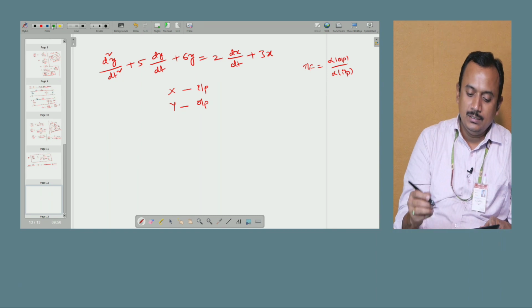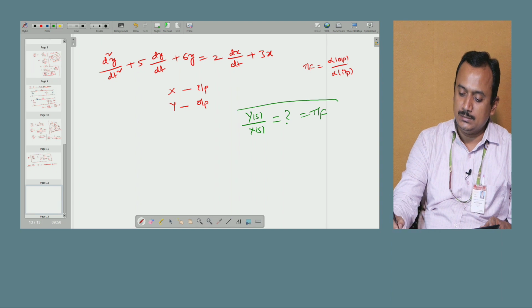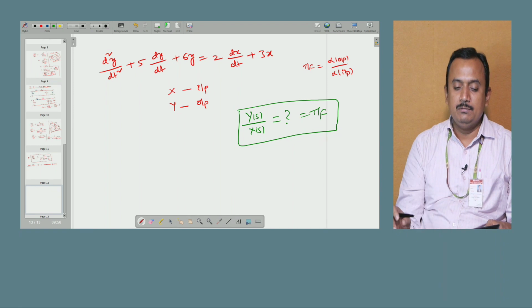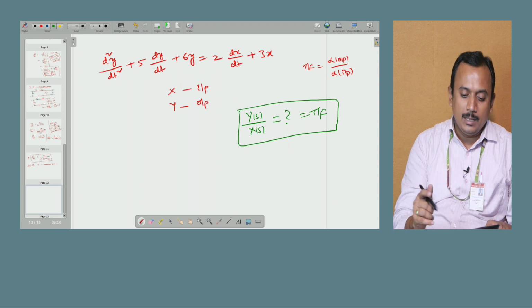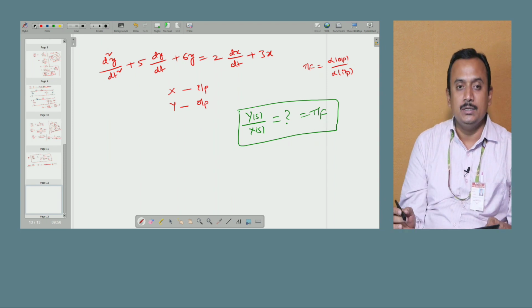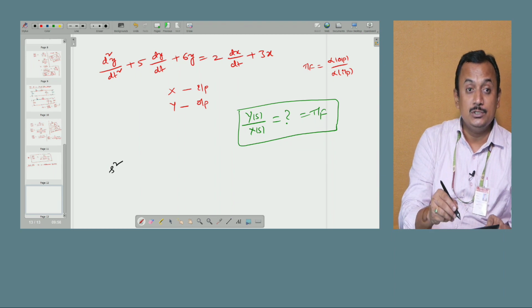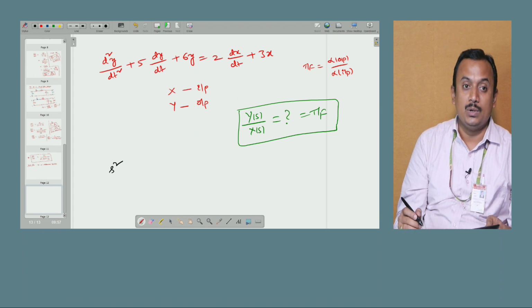Now finally what we need? We need the value, that is Y of s by X of s, how much? That is nothing but your transfer function. Since the given equation is in differential form, first let us apply the Laplace transform to that differential equation. So what is that you will get? Laplace transform of d square y by dt square. Since you have a square term, you have s square after applying the Laplace transform.